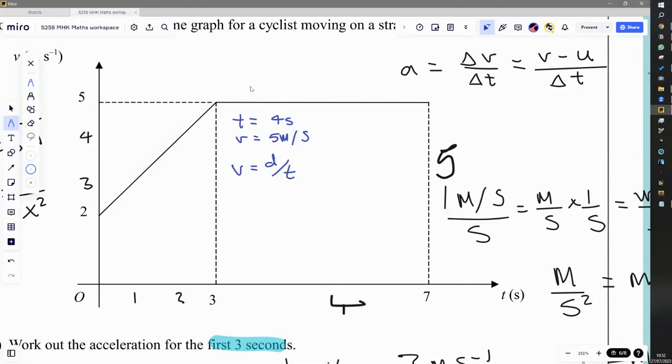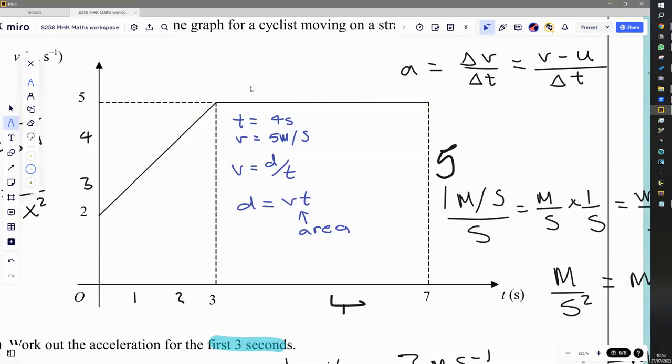So rearranging that, distance is equal to velocity times time. Well, the velocity is actually just the height of this rectangle, and the time is the width of this rectangle. So here we can see that velocity times time is the same as the area.